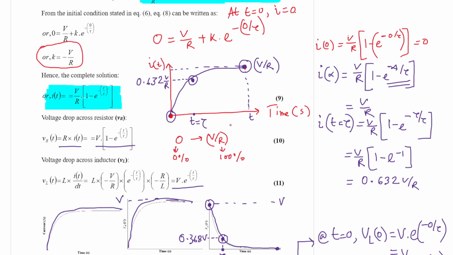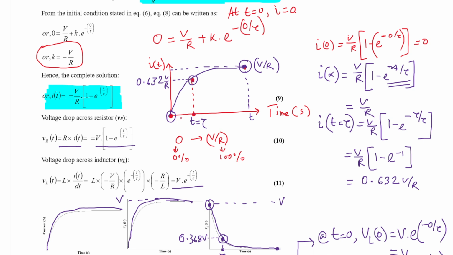After t equal to tau, what is observed is that the magnitude becomes 63.2% of the total change. I repeat my statement: at t equal to tau, the magnitude of the current becomes 63.2% of its total change.